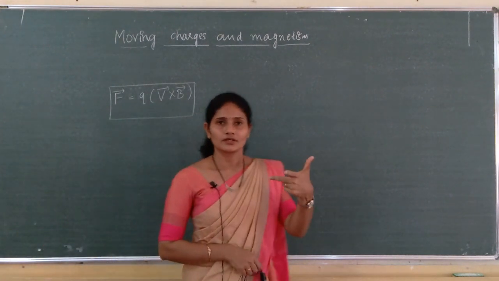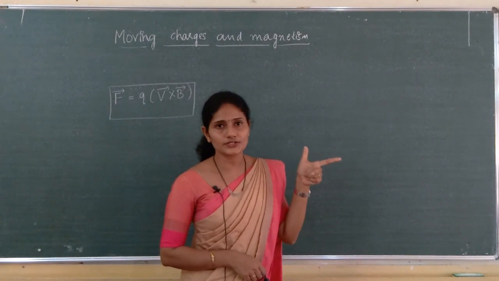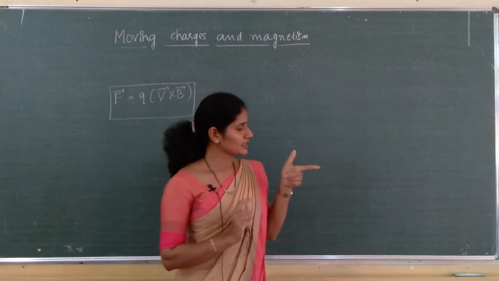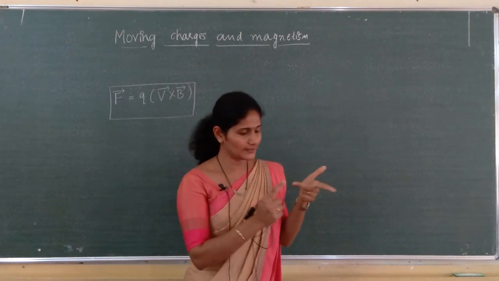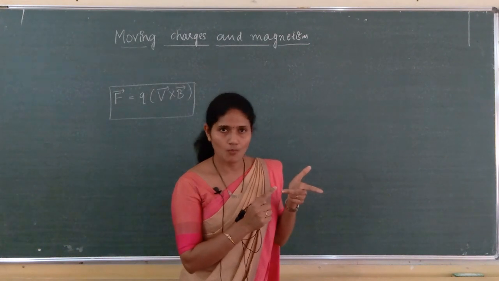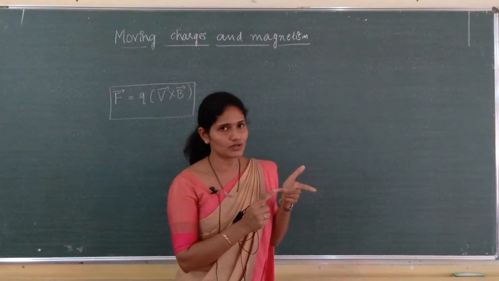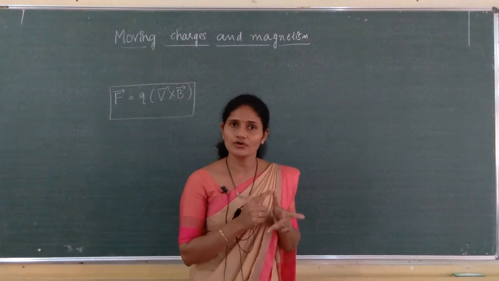First of all, you have to stretch the first three fingers of your left hand. The forefinger gives the direction of magnetic field, the middle finger gives the direction of motion or velocity, and the thumb gives the direction of force.